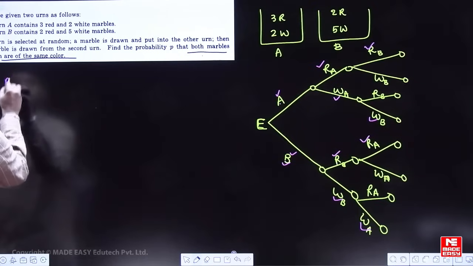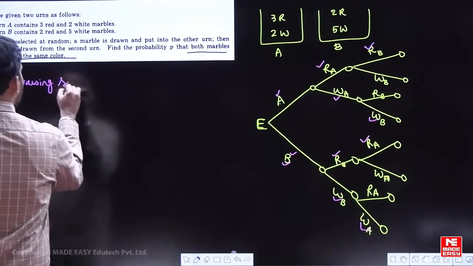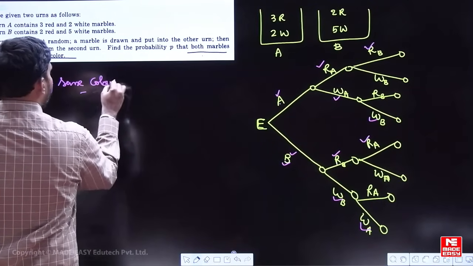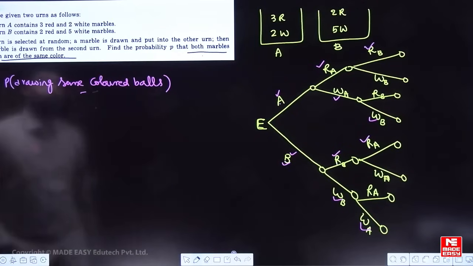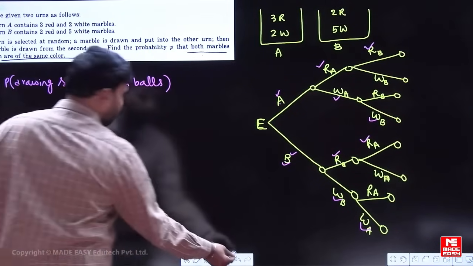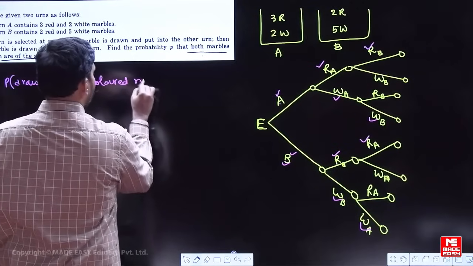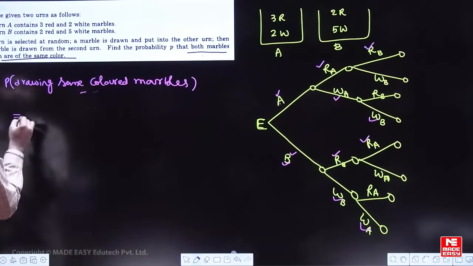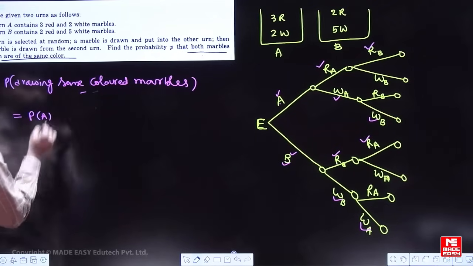So the probability of drawing same colored marbles. Balls means marbles here. Let me write same colored marbles. So that is given by what? First, the drawing.